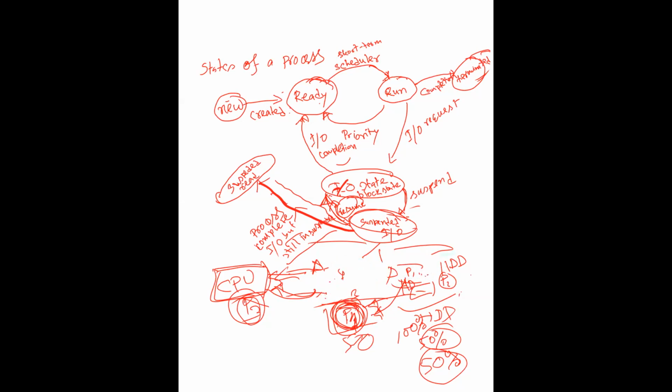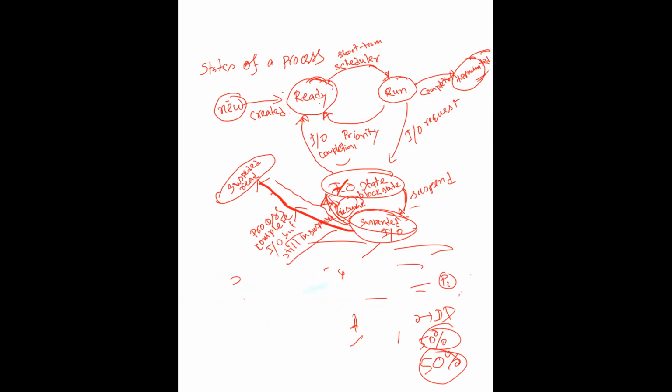Let me clear some part in here so that you can understand clearly. This is resume. This is suspended. Here, from the suspended IO, it can resume IO inside the RAM, and then it can suspend.